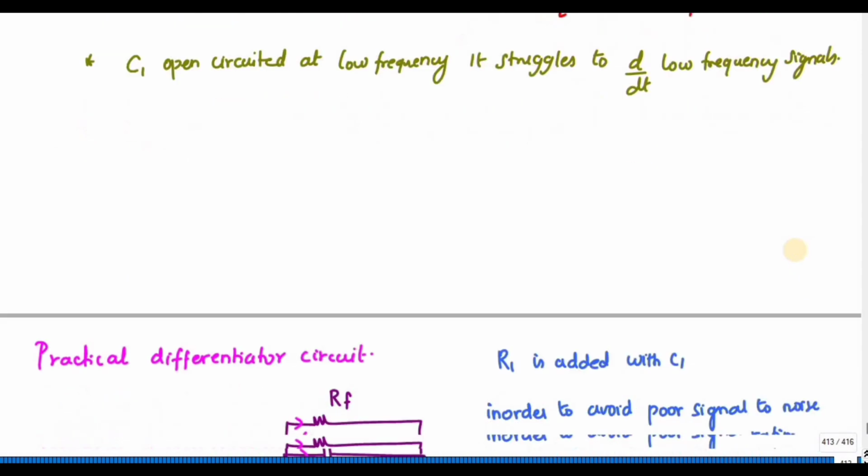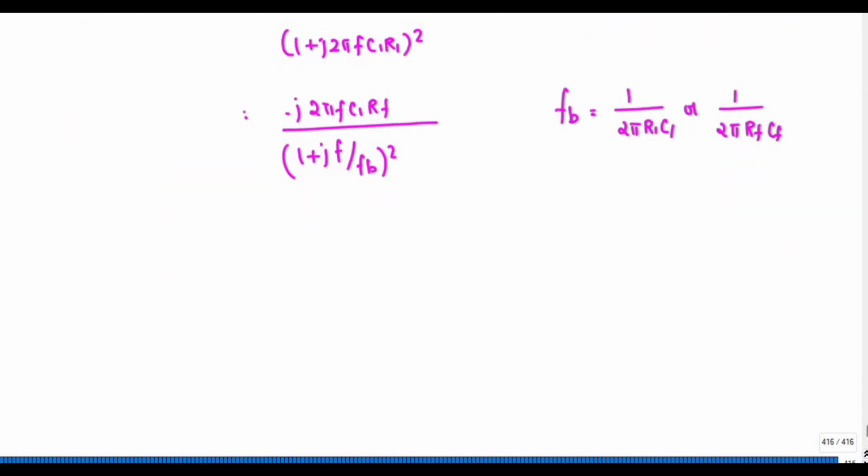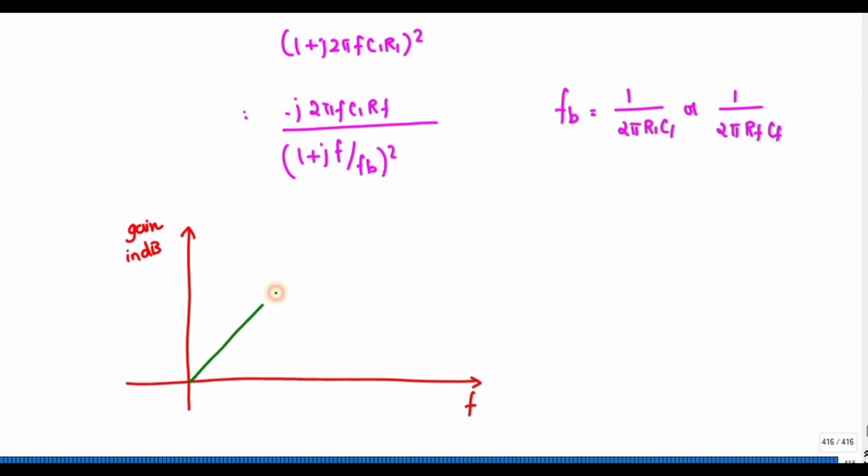So for the practical differentiator, this is nothing but the ideal differentiator, right? Ideal differentiator increasing at 20 dB rate.